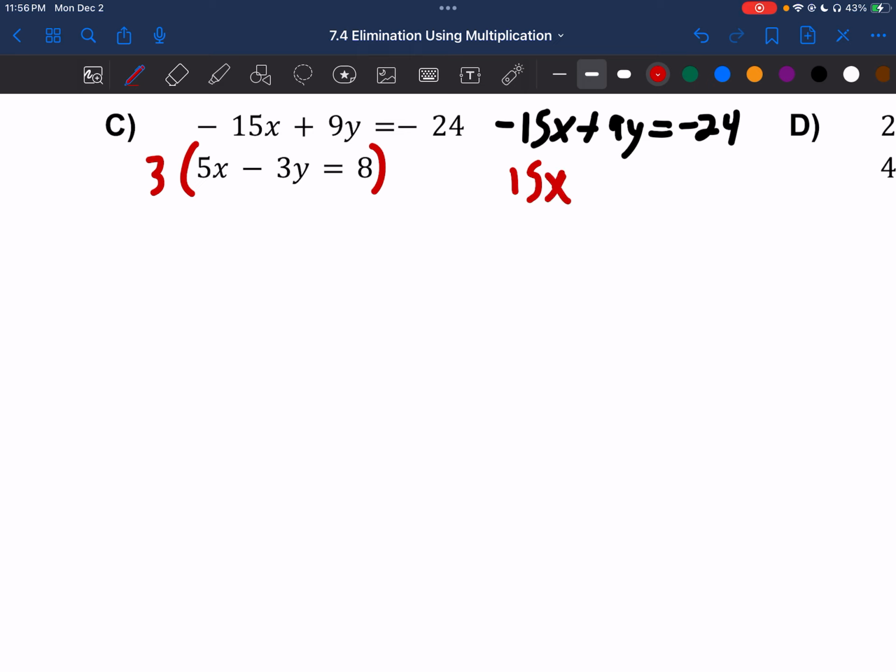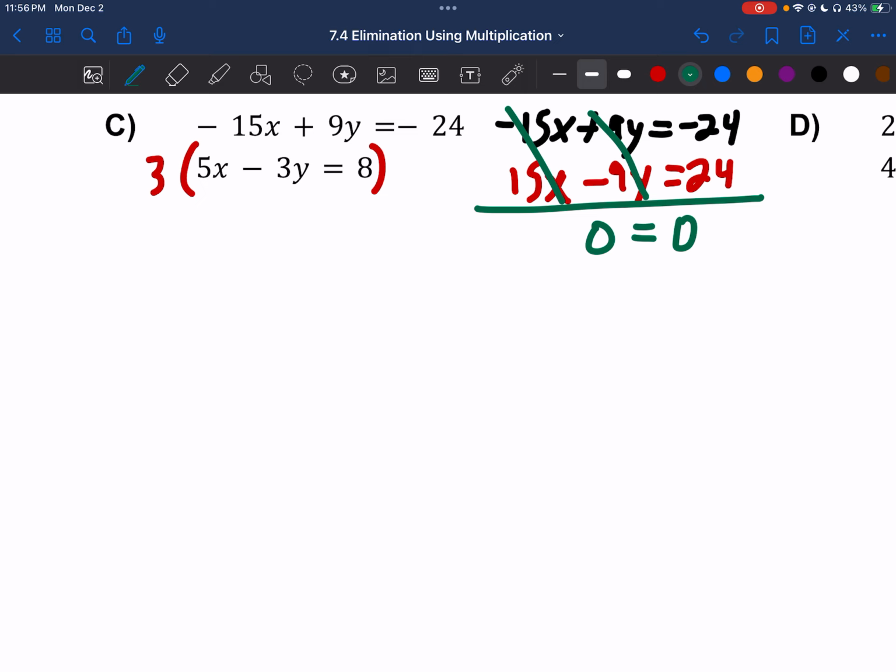Okay, and 3 times negative 3 is minus 9y, and 3 times 8 is 24. Negative 15 plus 15, 0. Negative 9 plus 9, 0. So left side of the equation is 0. Negative 24 plus 24 is 0. That is true, so this is infinitely many solutions.